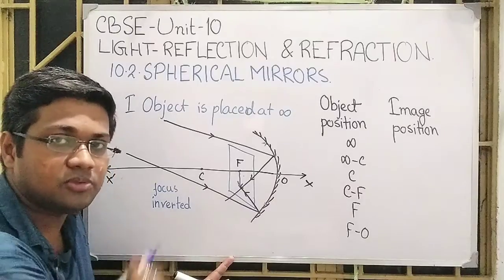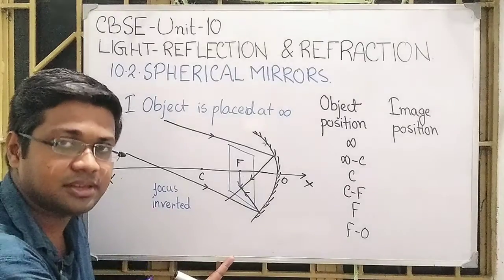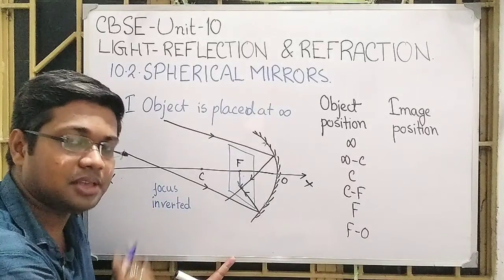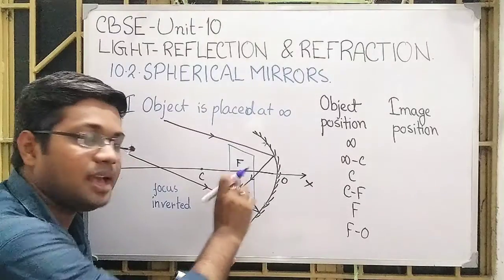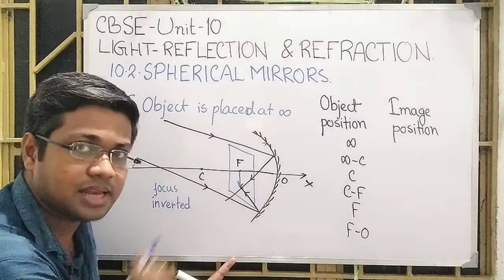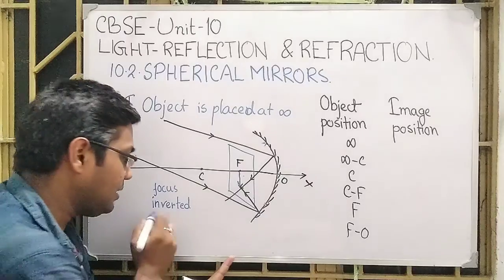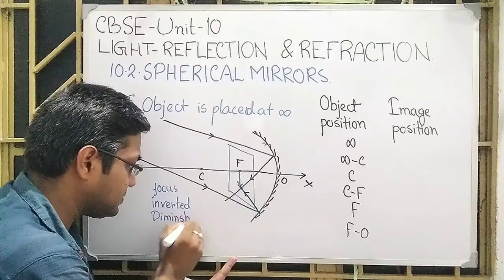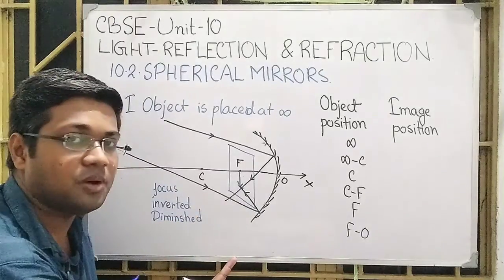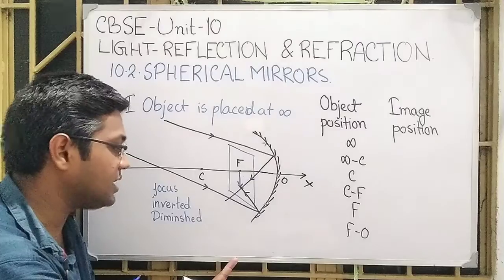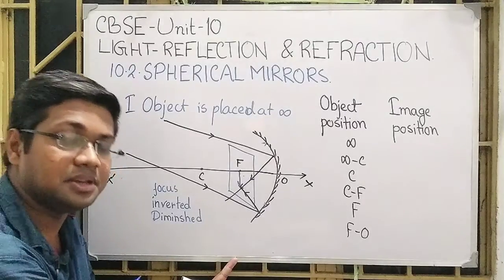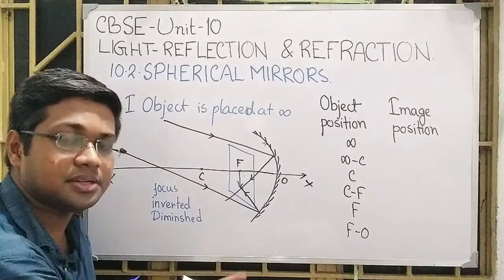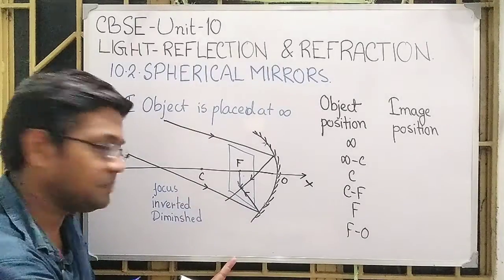And if you know the magnification, we have discussed it in some previous lecture. In that case, you know that if the image size is very much less than that of the object size, we can say diminished. Image is formed at the focus, image is inverted, and the image is diminished in size. Okay. So these are the characteristics of the image. Okay.